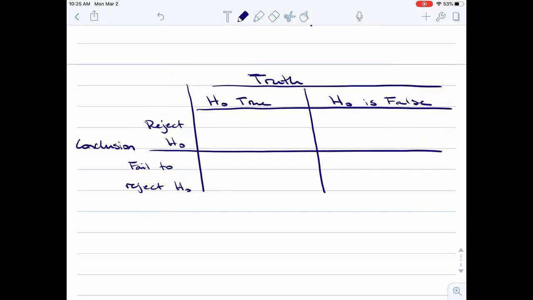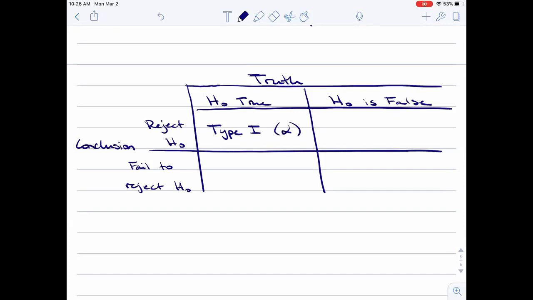So my conclusion: if I reject H naught and the truth is that H naught is true, well, that's an error, and that's a type 1 error. That happens with a probability of alpha. If I reject H naught and H naught is false, that's not an error.